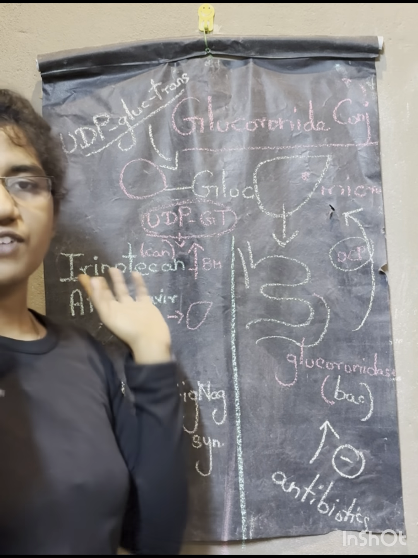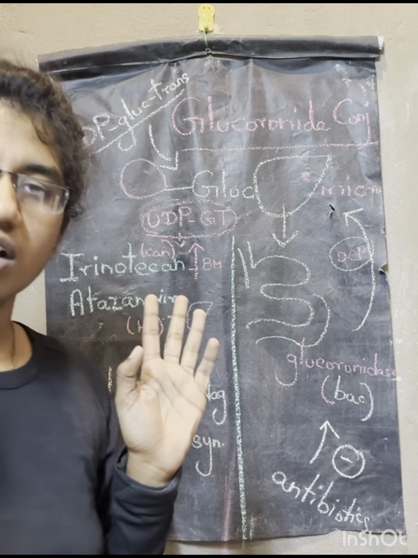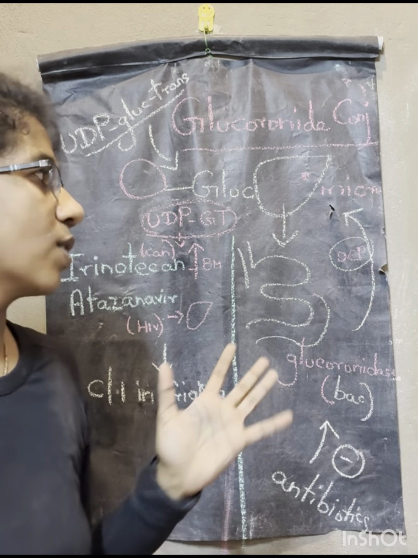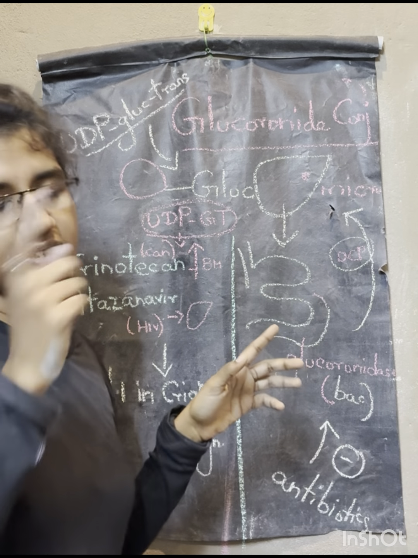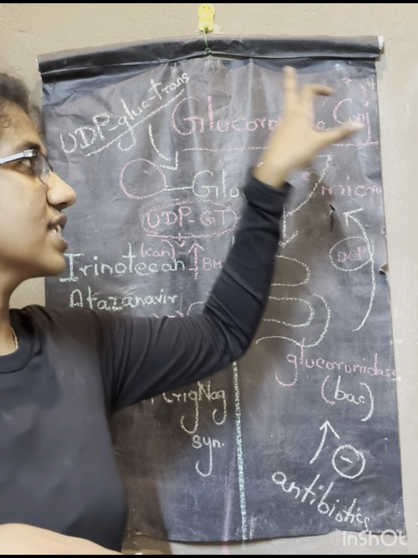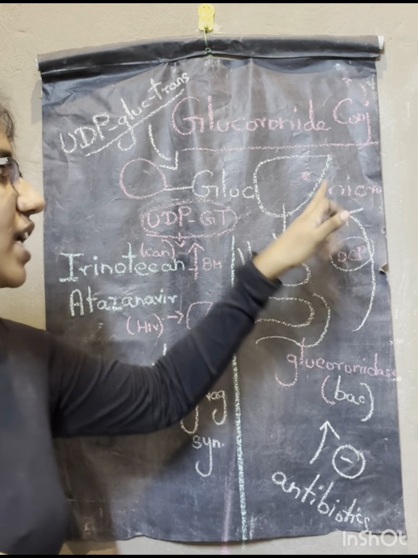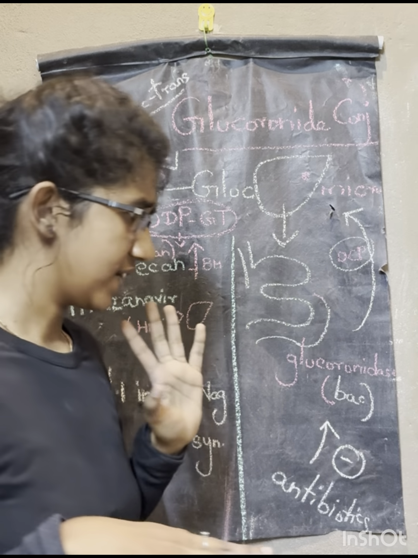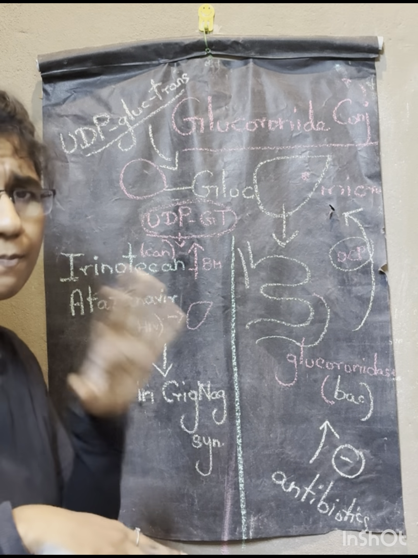Usually, we have seen that phase 2 reactions are mediated by non-microsomal enzymes, that is, enzymes present elsewhere apart from the endoplasmic reticulum. But the exception we have already seen, right? Glucuronide conjugation is the lone exception because it is a phase 2 reaction, but it is mediated by a microsomal enzyme, UDP glucuronide transferase. Why is it important?